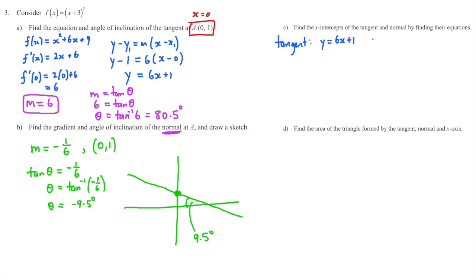You let y equal 0. So if I let y equal 0, I get 0 equals 6x plus 1. Minus 1 to both sides, and then divide by 6, and I'll get x equals minus 1/6.